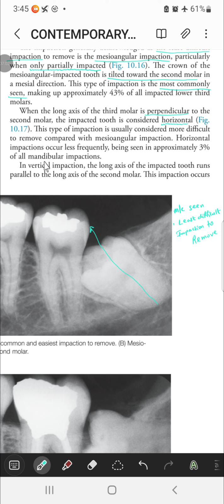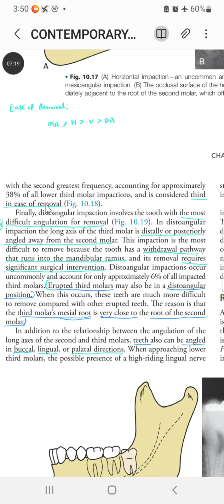Now let's talk about the vertical impaction, in which the long axis of the impacted third molar runs parallel to the long axis of the second molar. This impaction occurs with the second greatest frequency, accounting for approximately 38% of all lower third molar impactions, and is considered third in ease of removal.